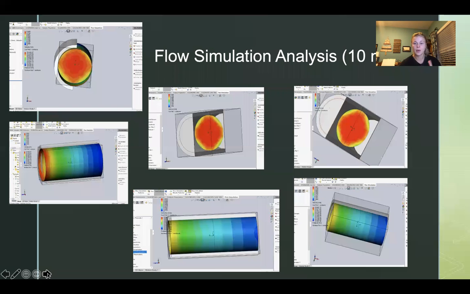And so this is going to be the 10 millimeter flow simulation analysis. Again, the velocities do not change. And it goes in order, as I described them, left to right. As you can see, the last two have very similar reactions to the pressure.